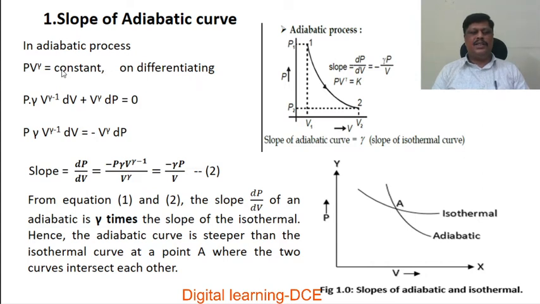On differentiating this equation, we get P into gamma into V to the power of gamma minus 1 dV plus V to the power of gamma dP is equal to 0. Once again, differentiation of a constant is equal to 0.